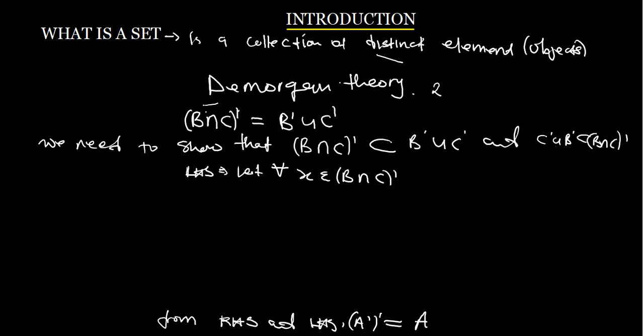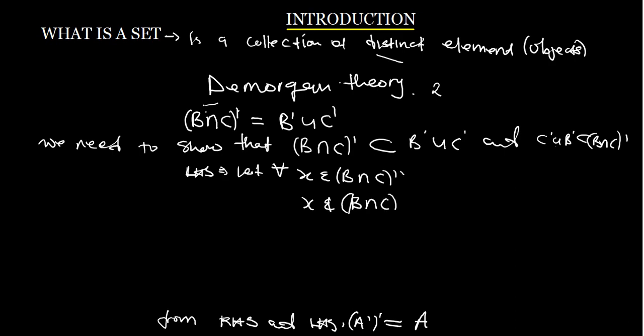So meaning that x is not a member of B intersection C. I've removed the brackets.